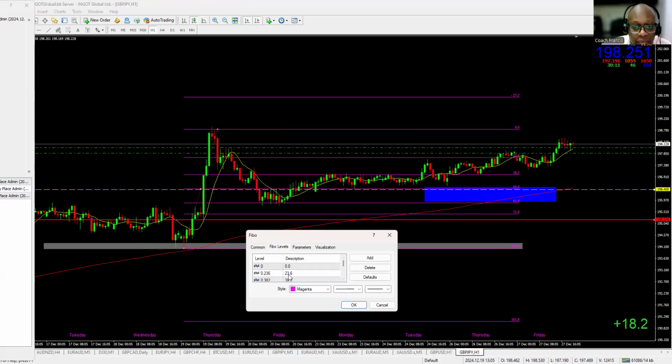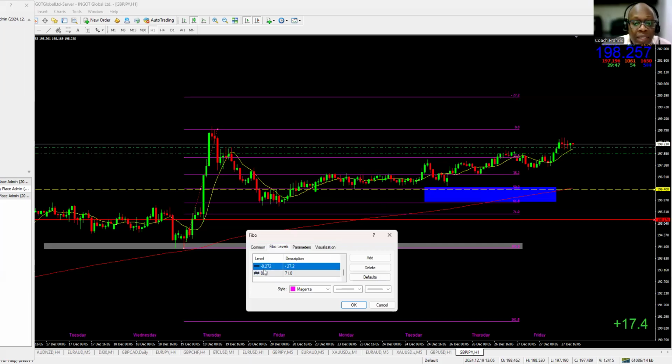Okay, so the way you get the negative ones, just follow what's on the settings box so you don't get it wrong. You just copy it and play with it and you'll be okay. So you can see a negative number here. It's the minus 27.2, which is this. That's the description.